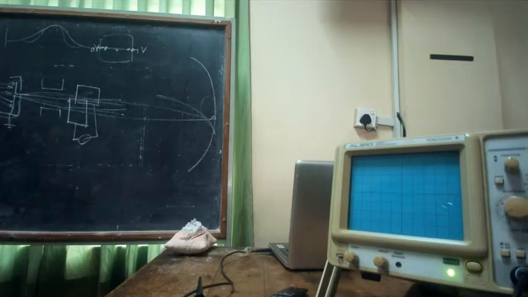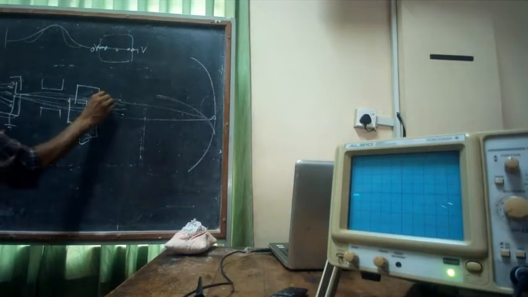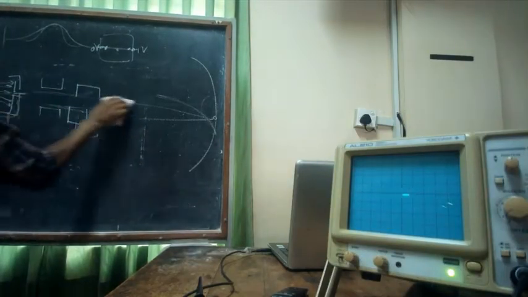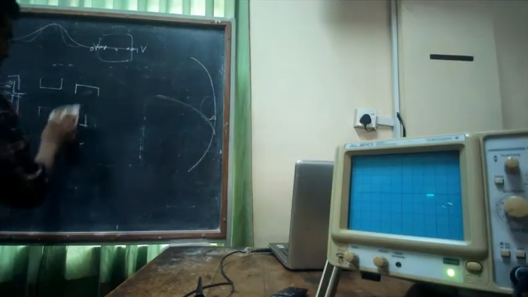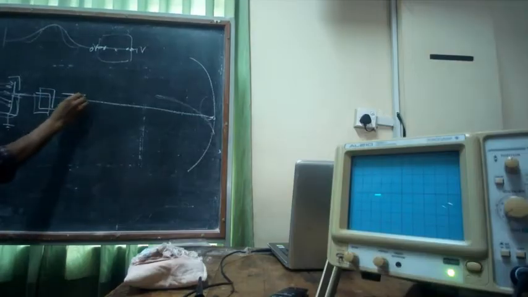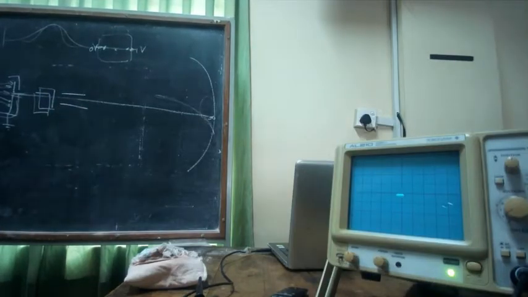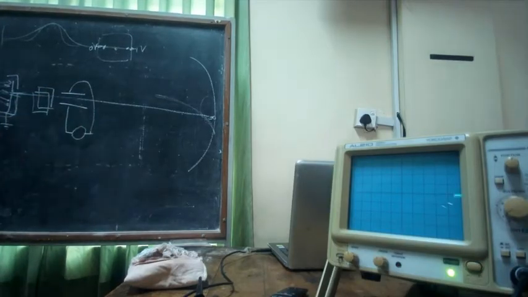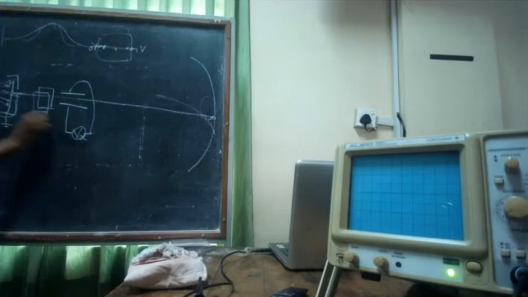Now if you want to move it in the vertical direction, similar to this, you have to apply, so let me get rid of this beam now, and I'll just draw one beam to make things clear, right? So you have the horizontal plates, and then you have the vertical plates. By applying voltage between this and that, Vx, we call this Vy voltage, right?